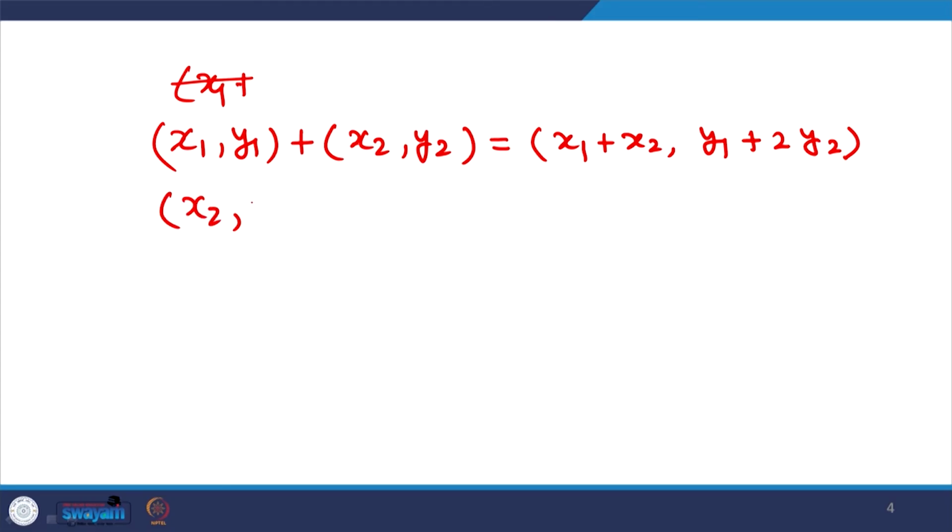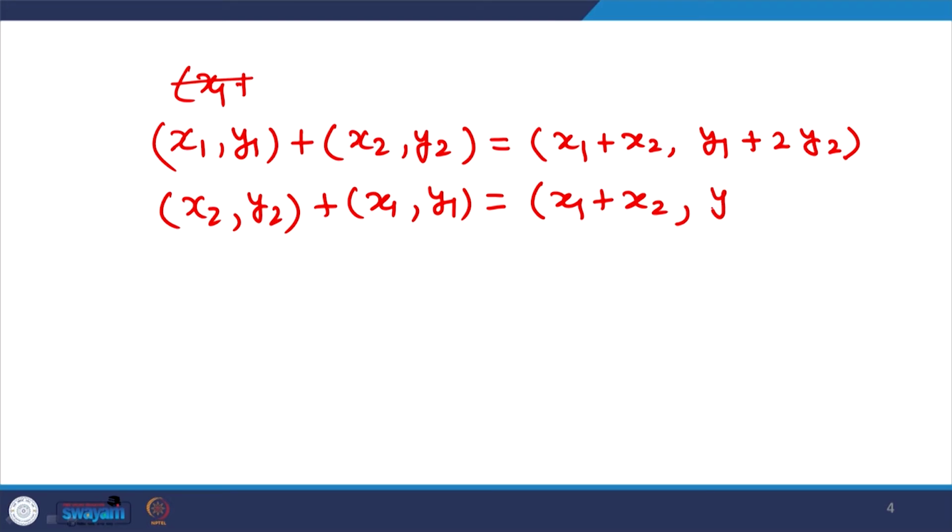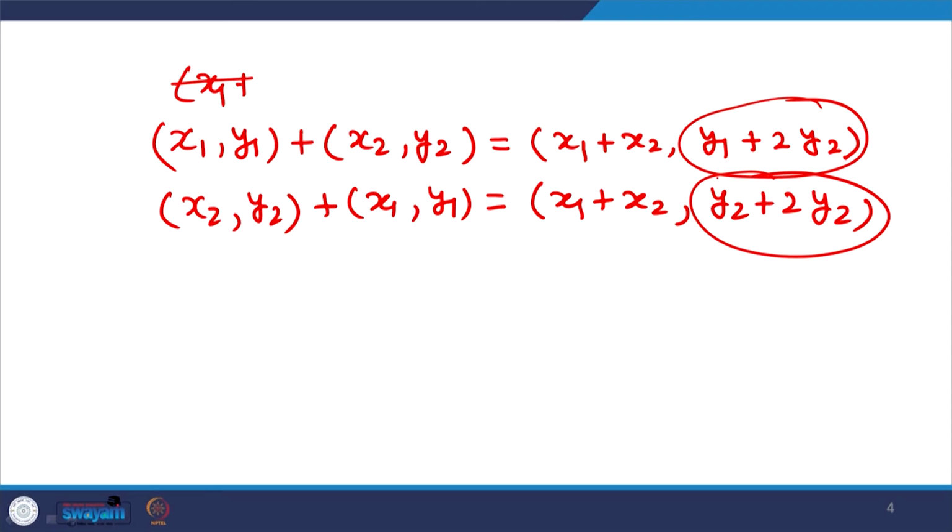Now, if I take the reverse order, (x2, y2) plus (x1, y1), then the first component, x1 plus x2, will be the same as in the previous case. However, the second component will become y2 plus 2y1. So, y1 plus 2y2 and y2 plus 2y1 are not equal.